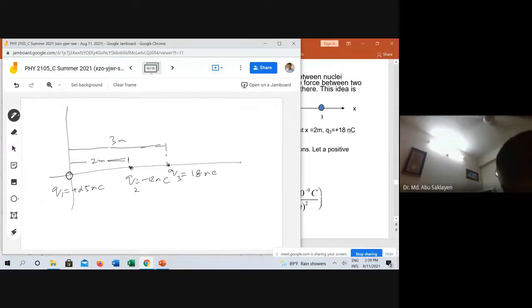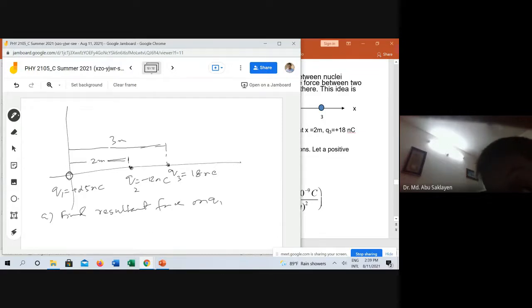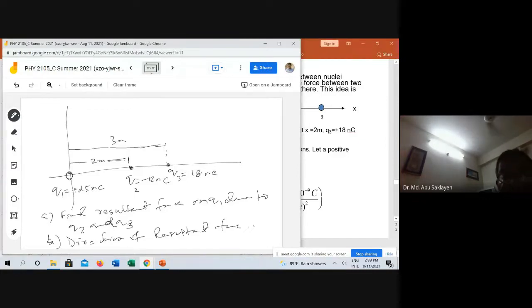So find the resultant force on Q1 due to Q2 and Q3, and the direction of the resultant force.